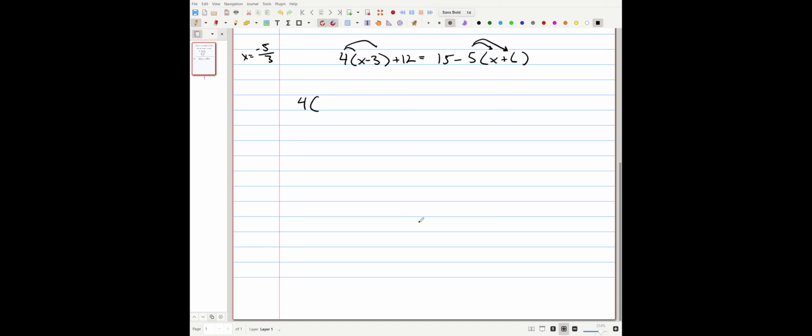And we could plug it in anywhere. So I'm actually going to distribute this out first and then plug in x later. So 4x minus 12 plus 12, right? And 15 minus 5x minus 30. And we simplify it again, we get 4x is equal to negative 15 minus 5x. And so now we'll plug in negative 5/3.